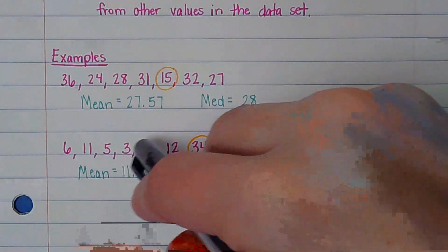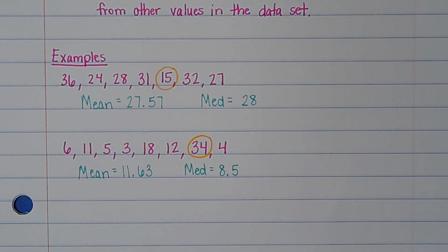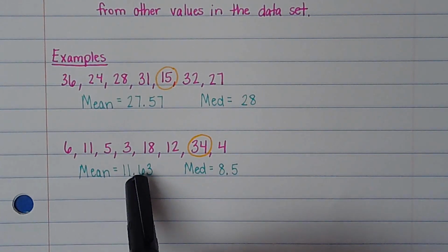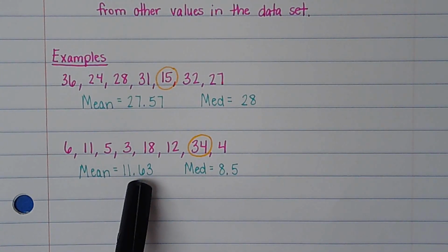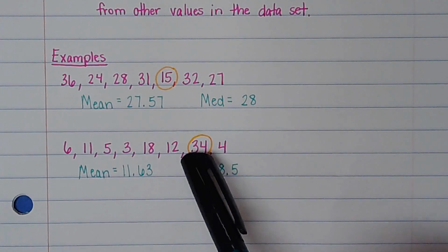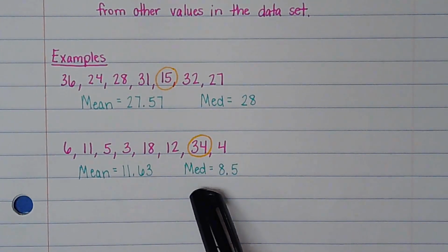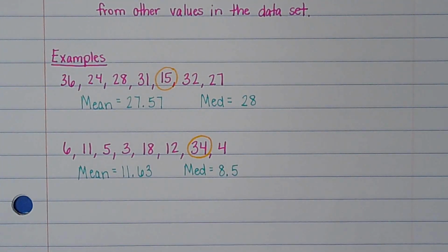Well, even less than that, because you got a 3 and a 4. So yeah, like around 9-ish, okay? Whereas this mean is telling me, no, it's really closer to 12, okay? So anytime you have an outlier, make sure you're going with the median, because that's a better indication of your list of numbers. All right, one more.